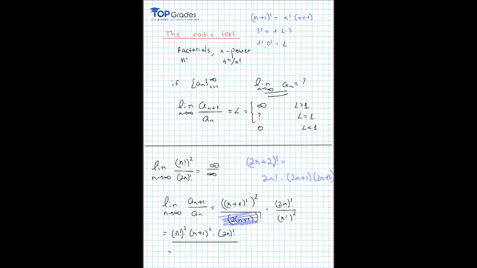Write it down here: 2n factorial multiplied by 2n plus 1 and 2n plus 2.